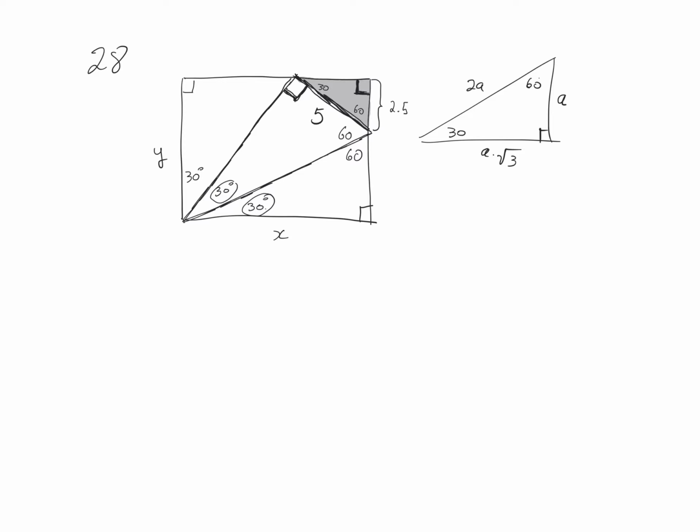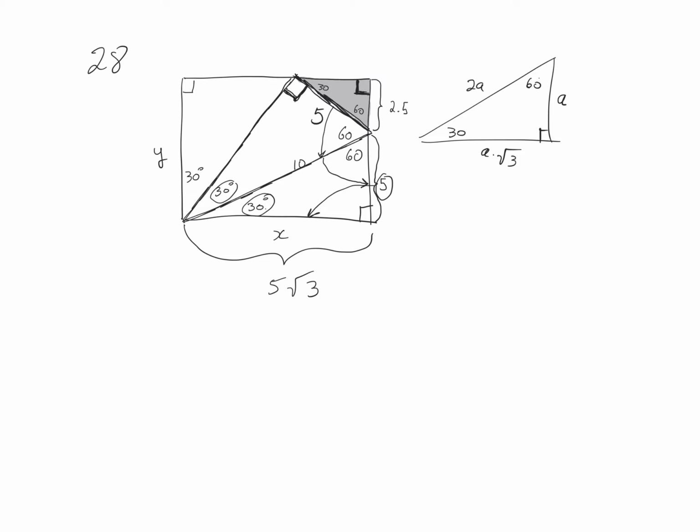Now when we jump from this side to this side, this becomes 10 because it's just double. And when we jump from this side back to this side, it becomes 5. We cut it in half. So we're back to our 5. And when we jump from this side to this side, we're going to multiply by the square root of 3. So this side is 5 root 3.